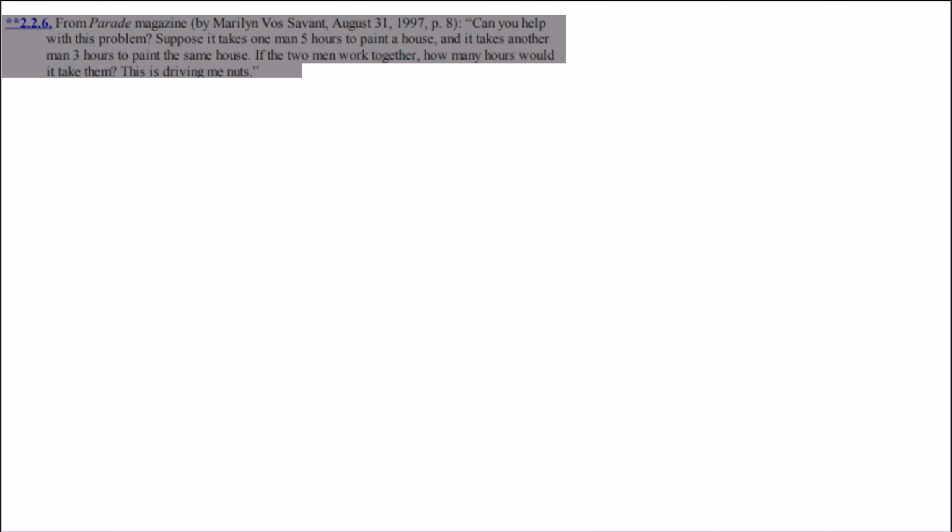From Parrot Magazine, can you help with this problem? Suppose it takes one man 5 hours to paint a house and it takes another man 3 hours to paint the same house. If the two men work together, how many hours would it take them? This is driving me nuts. Let's take TA to be the time for A to paint one house and TB for B. We say that A paints one house in 5 hours, and B does the same work in 3 hours, I mean, one house in 3 hours.